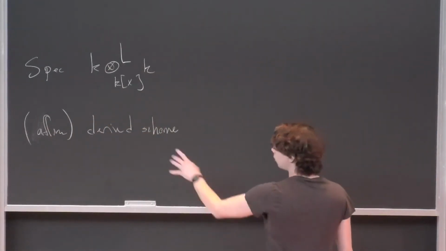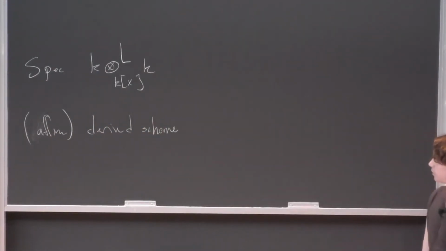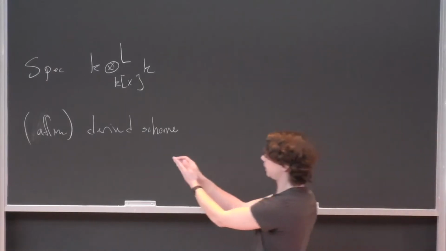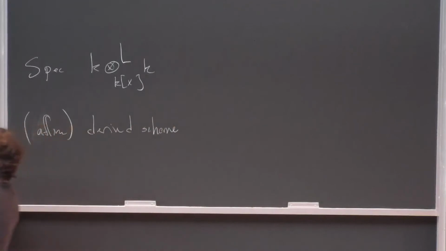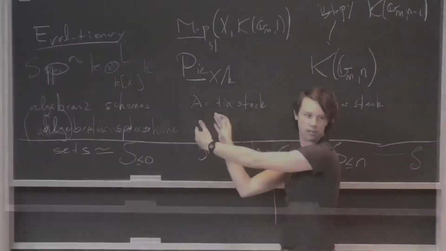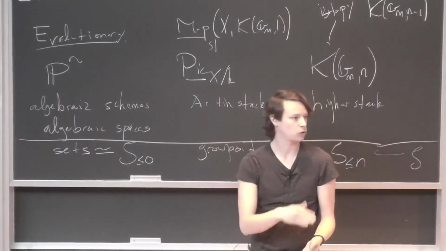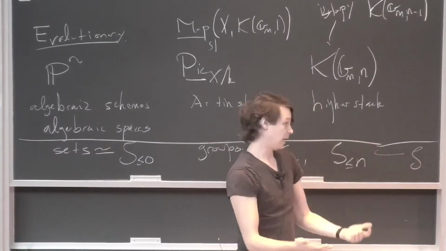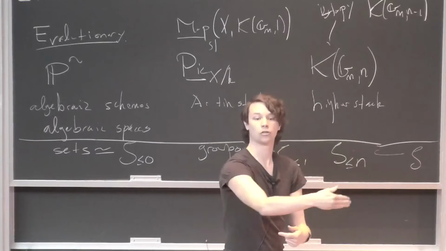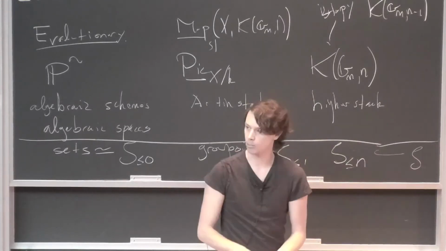Okay. Now, once we've gone to affine derived, once we then start to talk about derived schemes, we can just repeat the same process and start to take stacks. In other words, start with derived schemes and then take quotients by groups and smooth groups, and then just iterate that process.